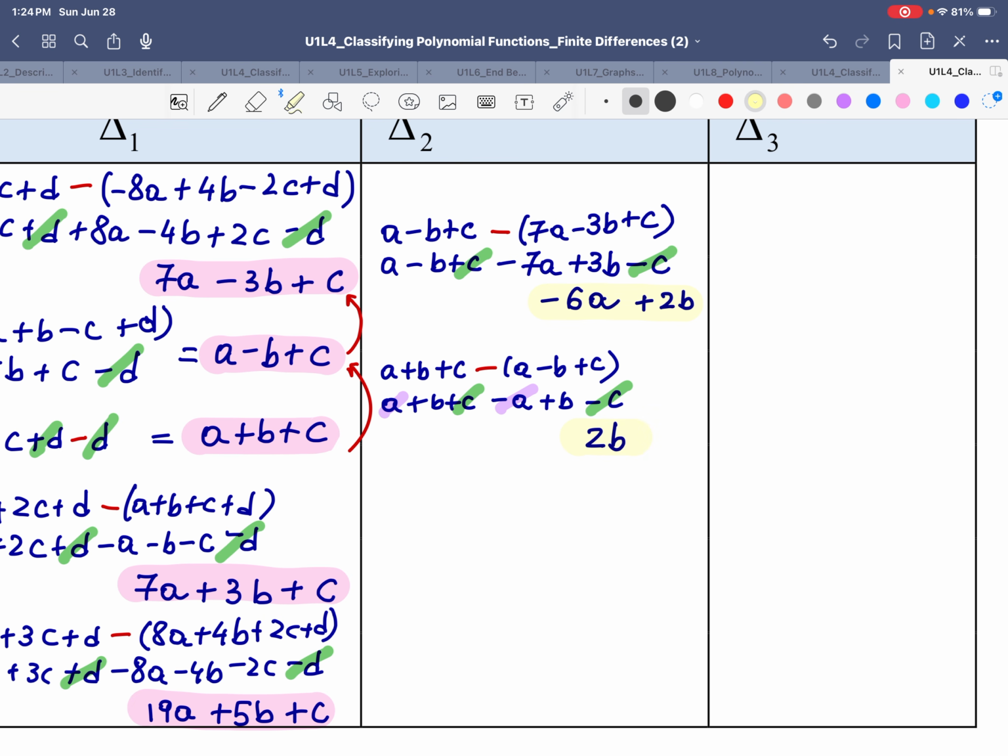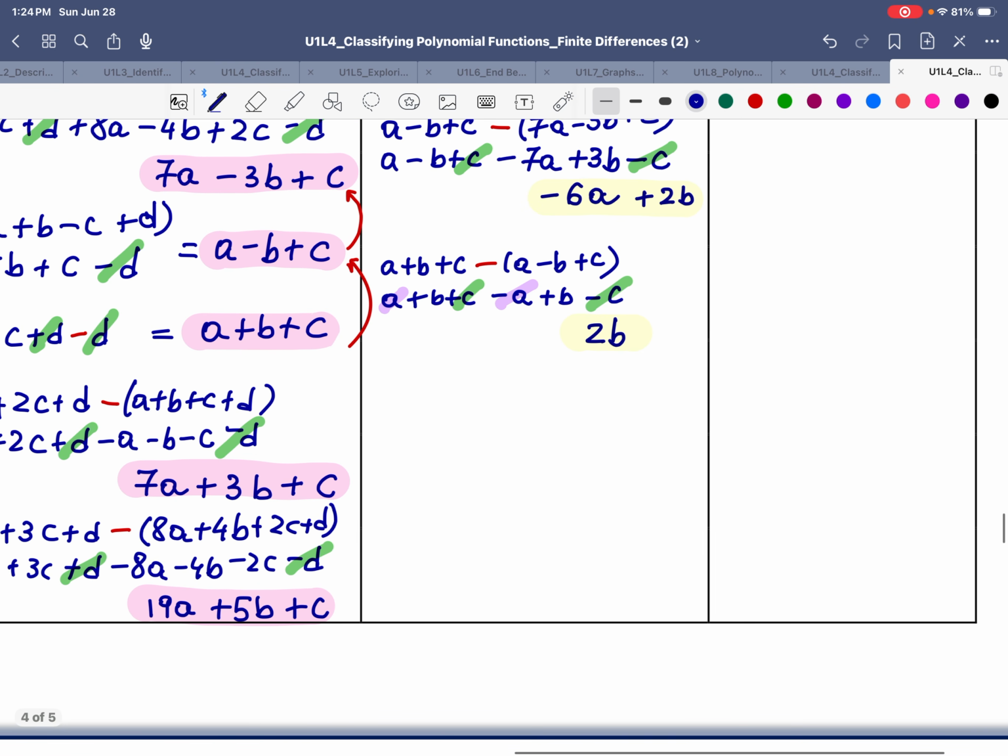Okay, now next we have the difference between these differences. So 7a plus 3b plus c, and then subtract a plus b plus c. So let's see what happened. 7a plus 3b plus c, subtract a, subtract b, subtract c.